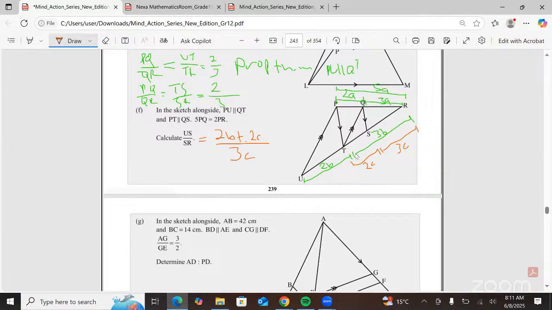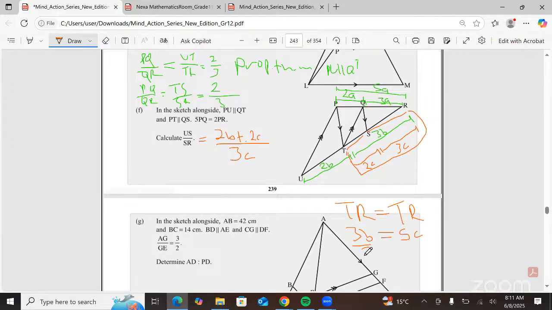We can see that for this part, TR is equal to TR. The green part of TR is 3B, which is equal to the red one, 5C.